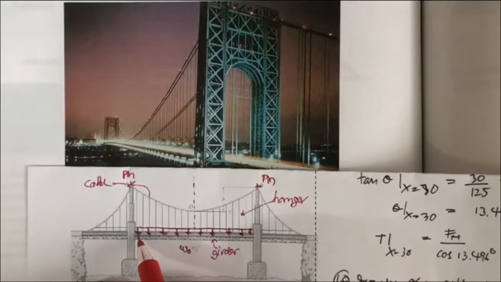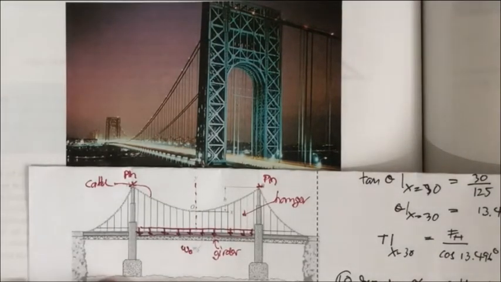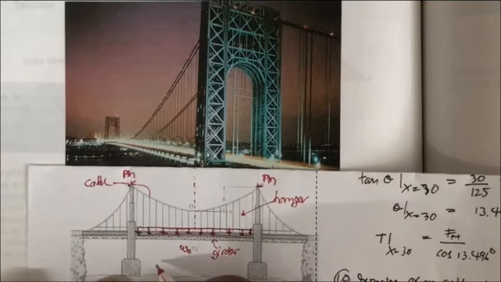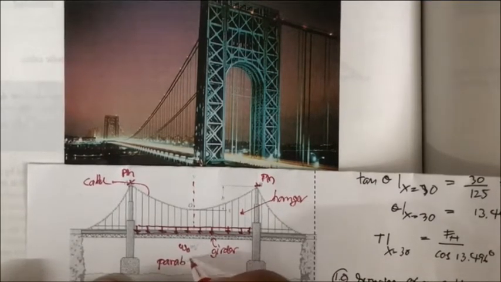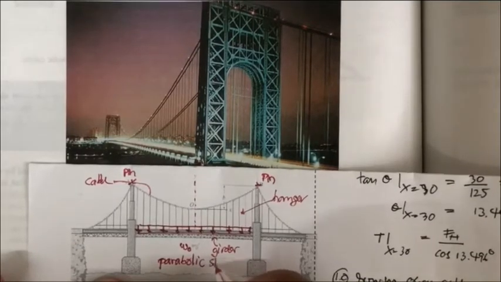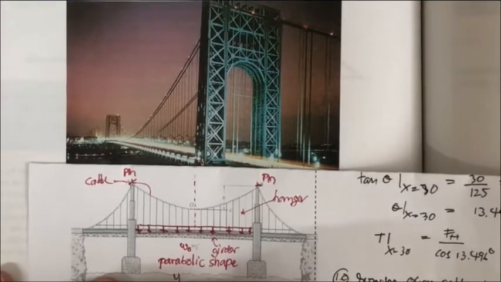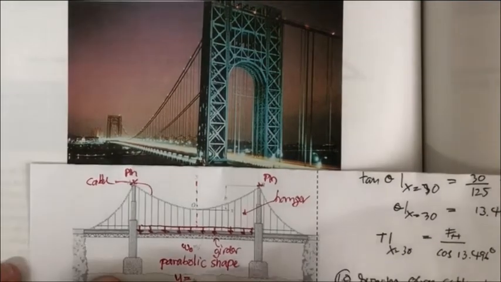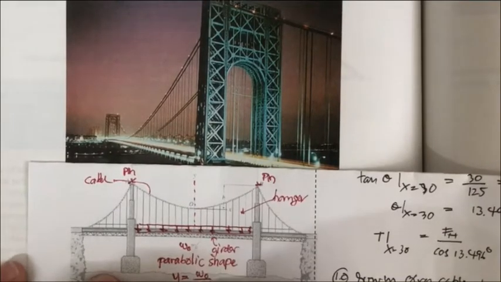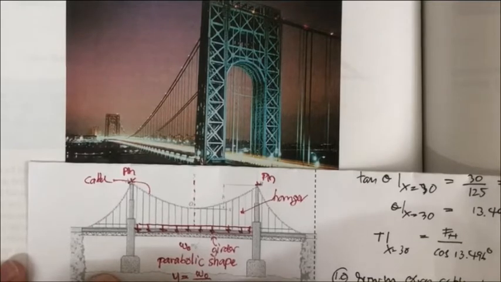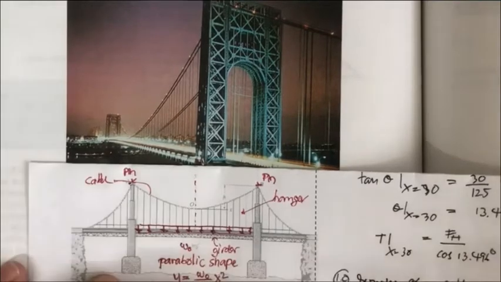It is subjected to the uniform load, and the shape of the cable is parabolic. If you remember, it is in the form of y equals the uniformly distributed load divided by 2 times the horizontal force, times x squared.